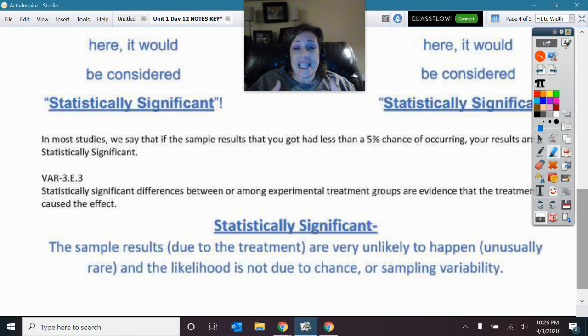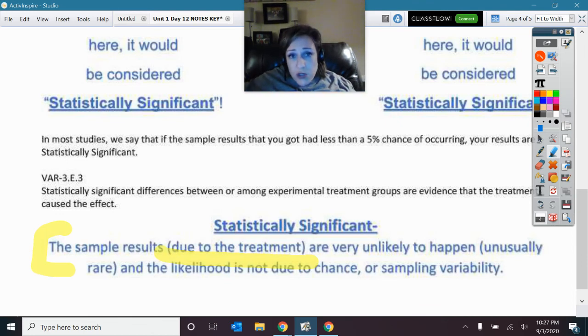But in summary, statistically significant results are results that had to have occurred because of the treatment. They were very unlikely, they were extreme, so it was not just because of the kids you had. It was not because of chance or sampling variability.